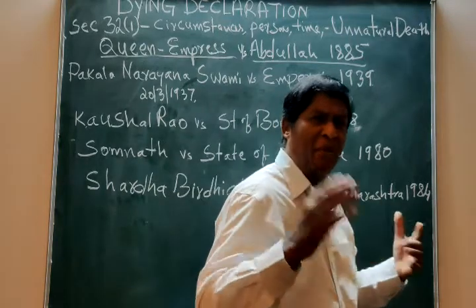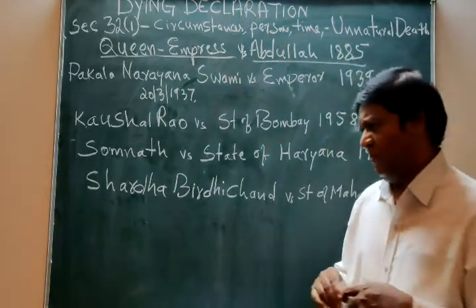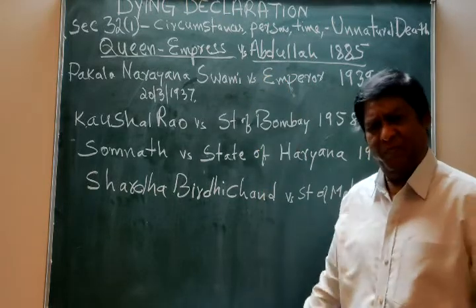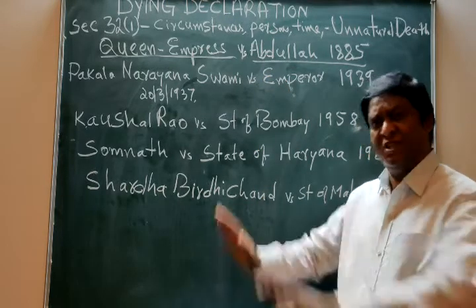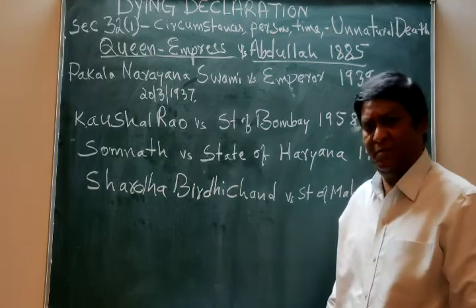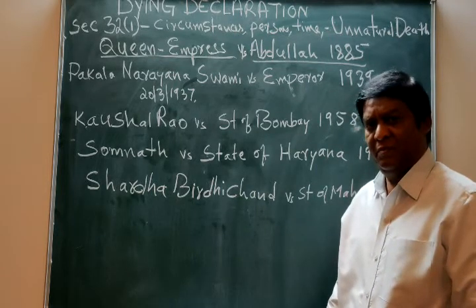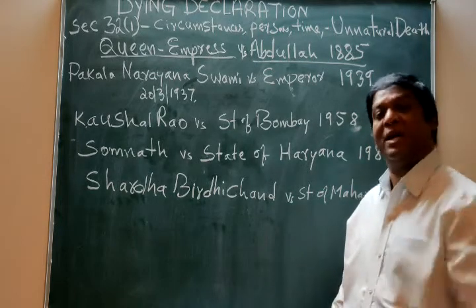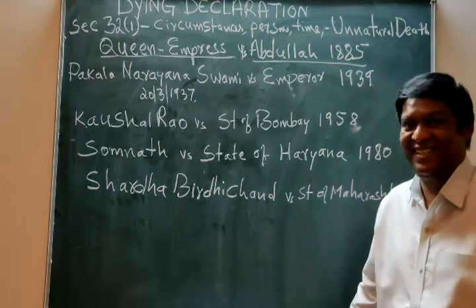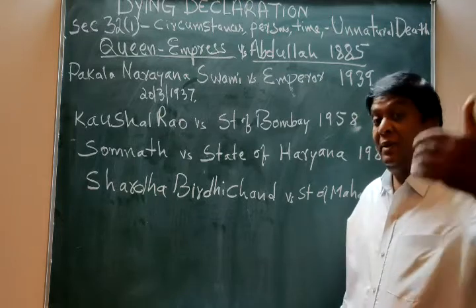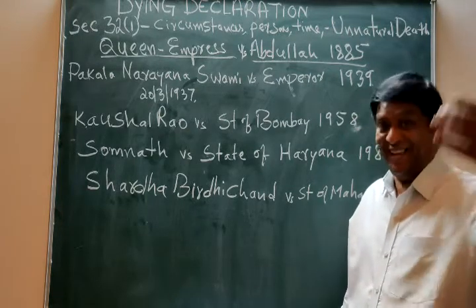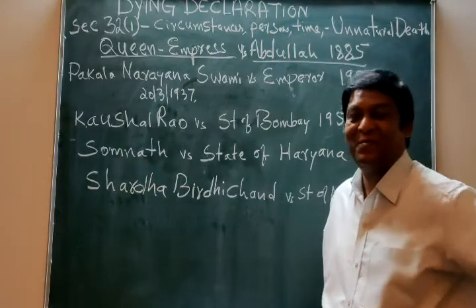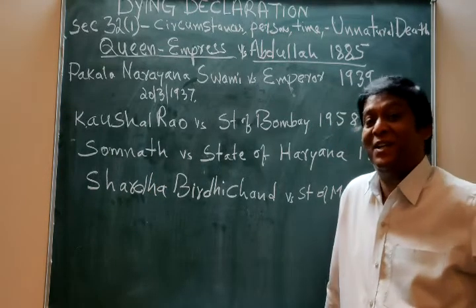The question came before the court. Is it a valid dying declaration? If the dying declaration is valid, it has to be followed completely or not followed at all. The husband's lawyer, the husband being Mr. Somnath, took the defense.